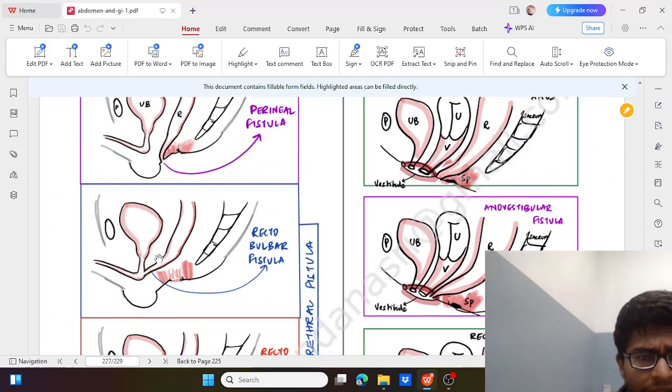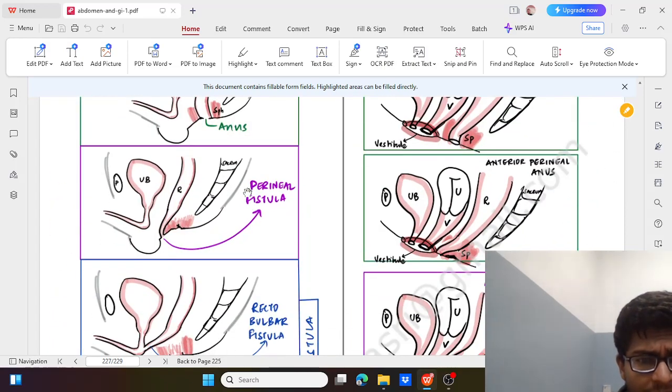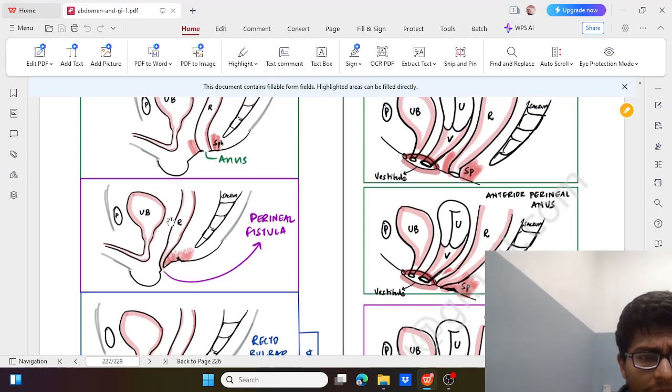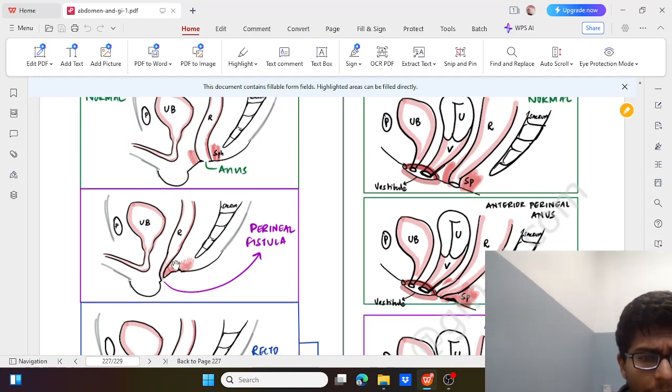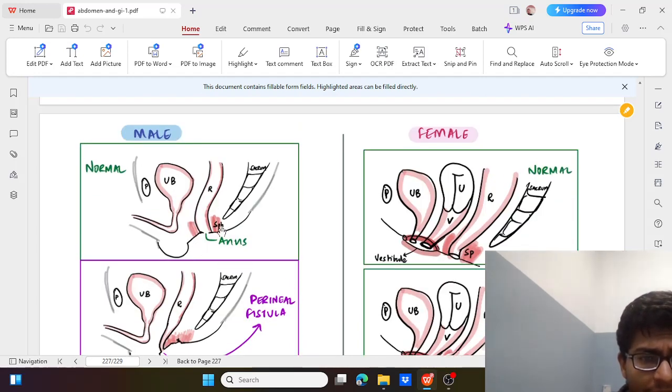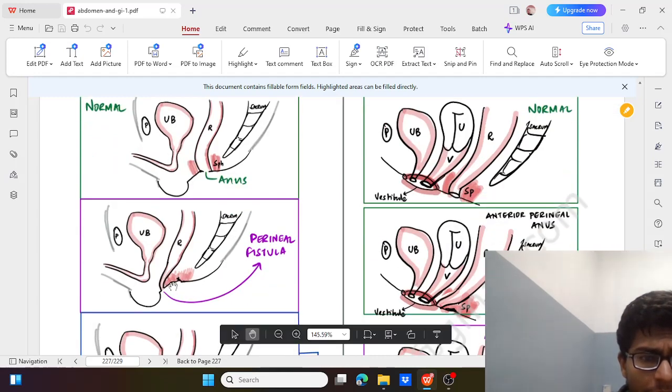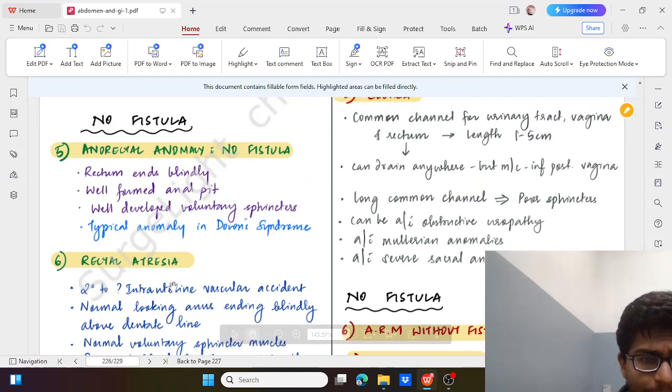As you can see in the diagram, in the perineal fistula the anus opens downwards but does not have a proper sphincter complex.